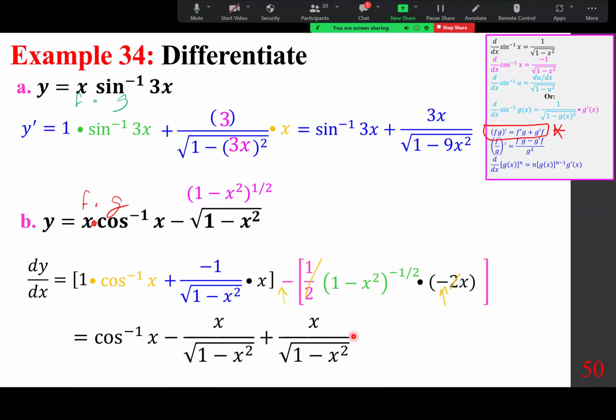One more time. This repeats. This one is minus x over the square root of 1 minus x squared. Convince yourself the brackets give us x over 1 minus x squared. And these two cancel each other. dy dx is cosine inverse of x as the final answer.